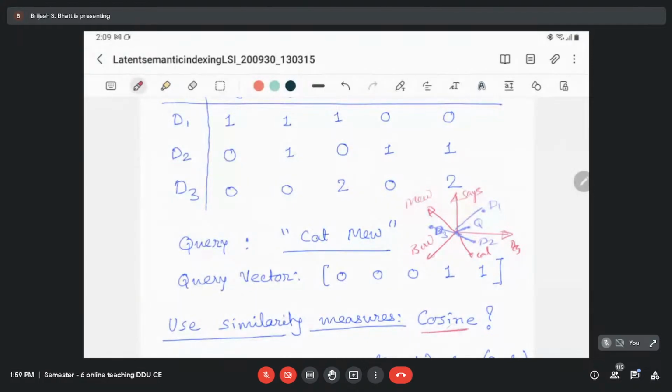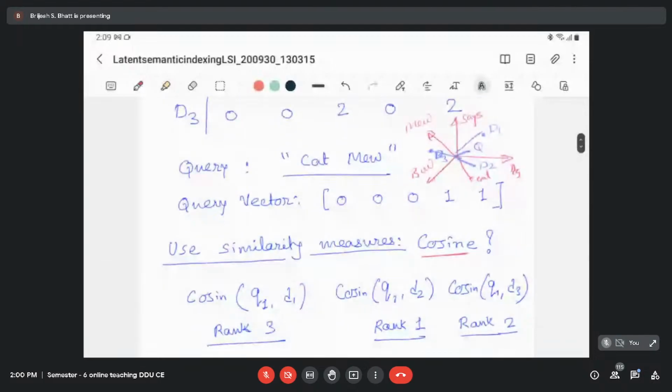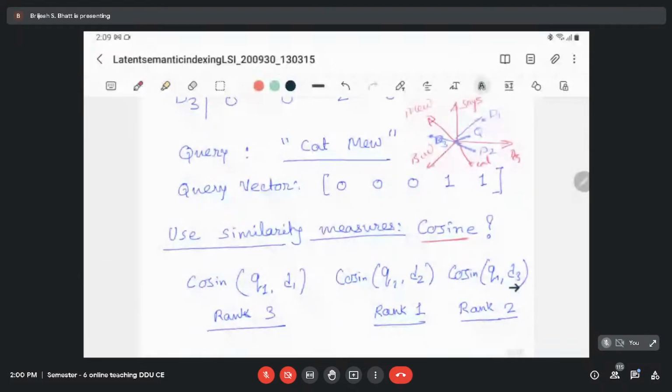Take cosine of query Q with all documents D1, D2, and D3, and return the document with highest cosine similarity as the most relevant document. So cosine of Q with D1, cosine of Q with D2, cosine of Q with D3.